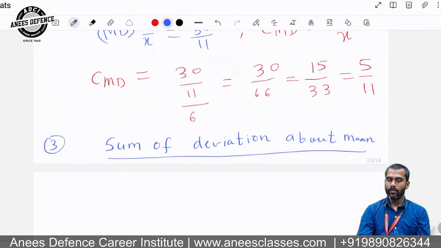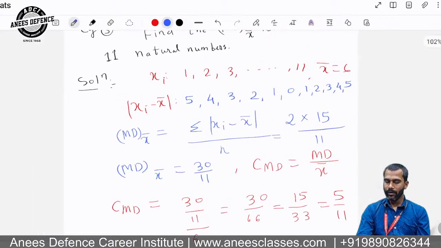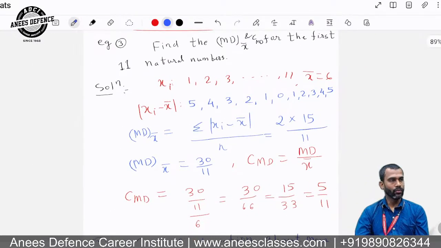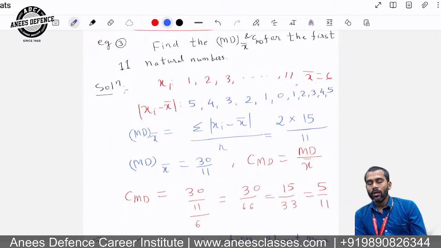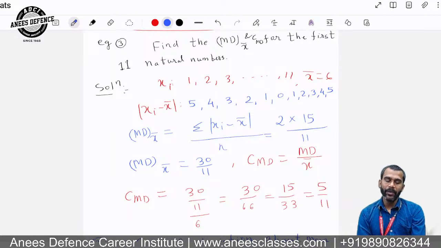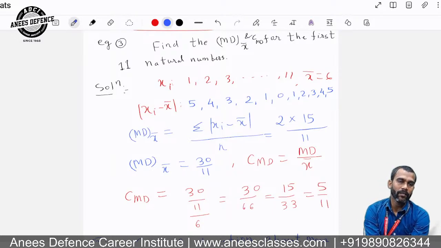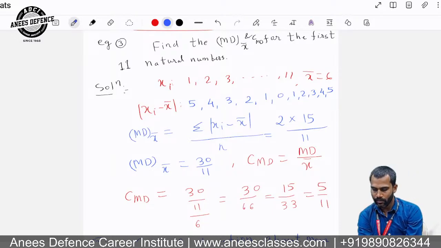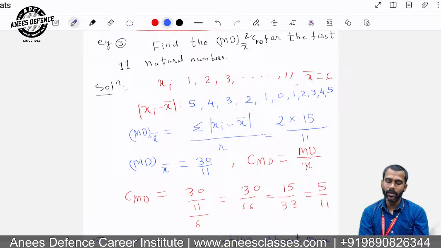See, in the previous example, if I ask you, just orally tell me, what would be the mean deviation about median? Will it be equal to 5 by 11? I mean, sorry, what was the mean deviation? 30 by 11. Will it be equal to 30 by 11?